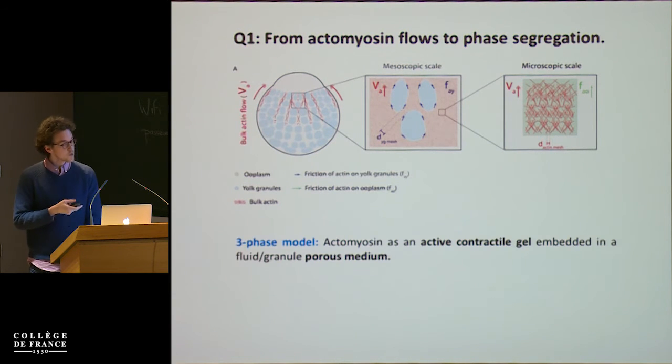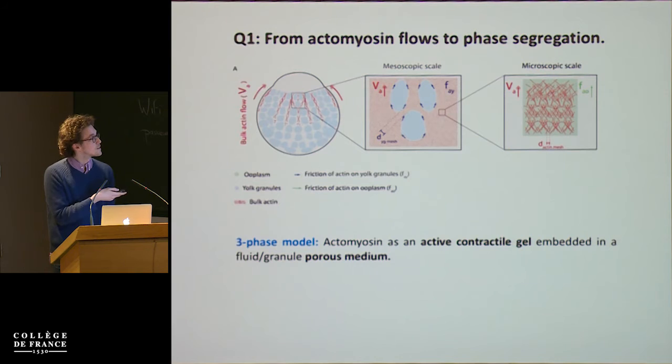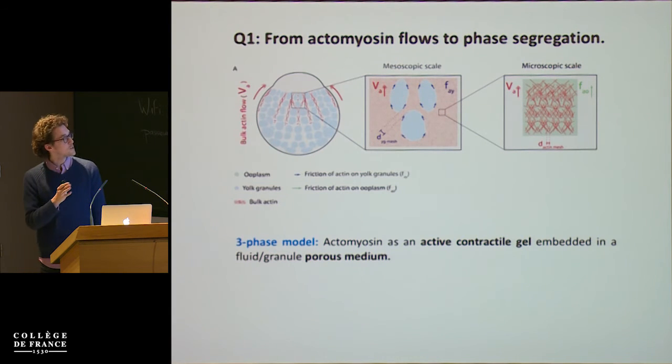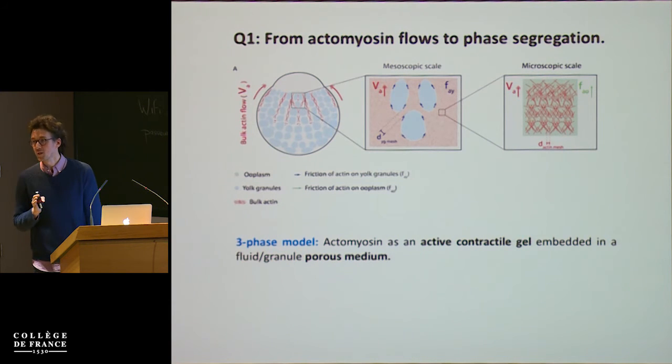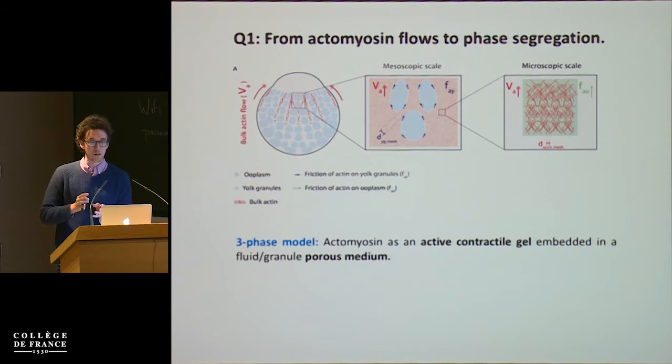What we did is to write systematically, in an active gel theory, a 3-phase model where you have actomyosin as an active gel, which is embedded in a passive medium, a poroviscous medium of fluid and actin. We wrote rigorously all of the frictional couplings between all the 3 phases that you can get, as well as the different rheologies of all 3 phases.